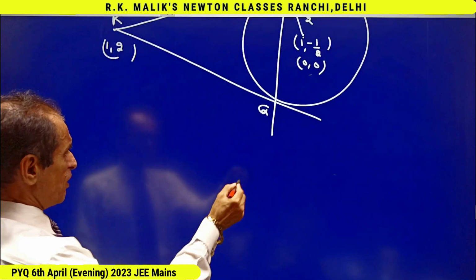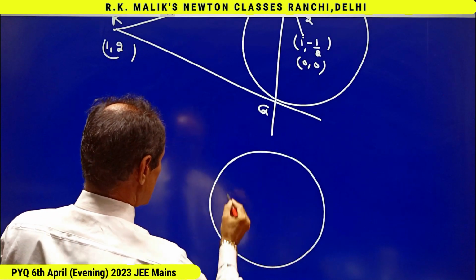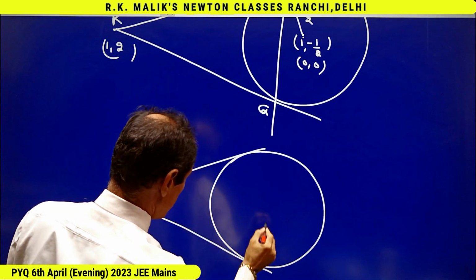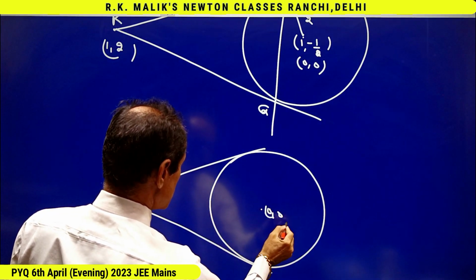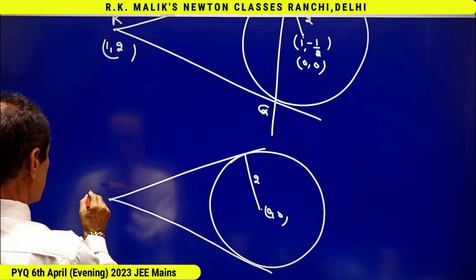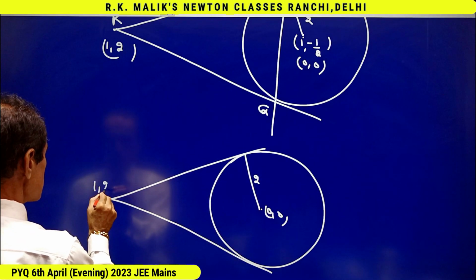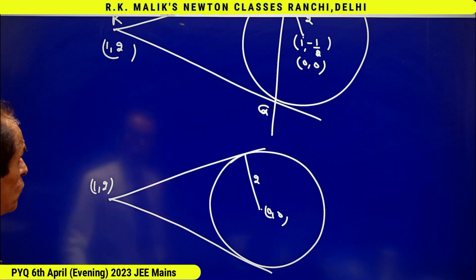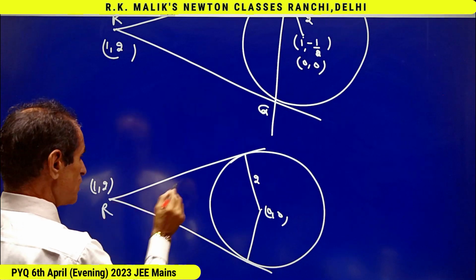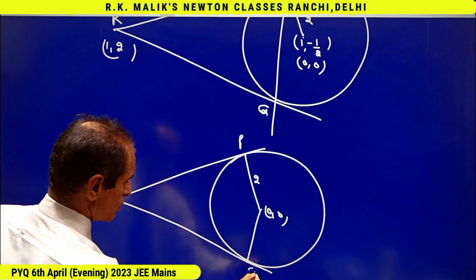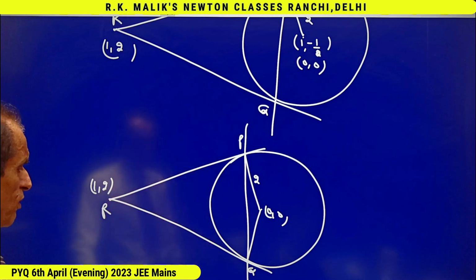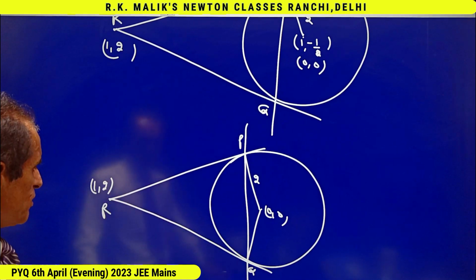And now my figure becomes a circle with center (0, 0), radius 2, this is the point (1, 2), and this is the point R, P, Q, and I have to find the area of RPQ.